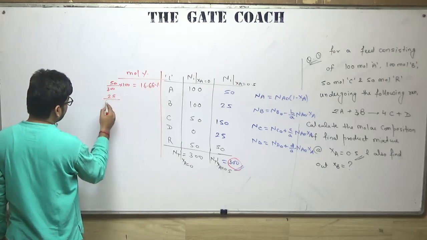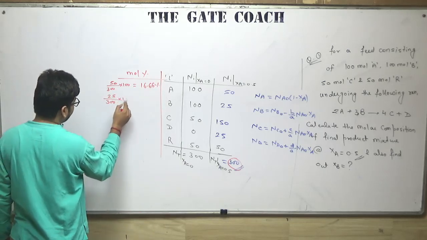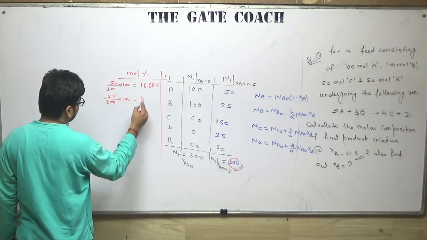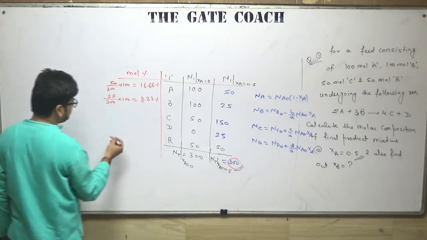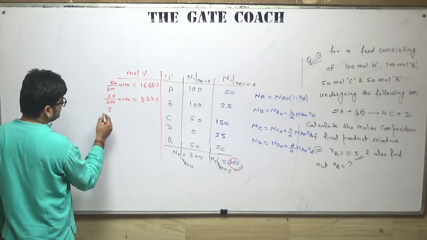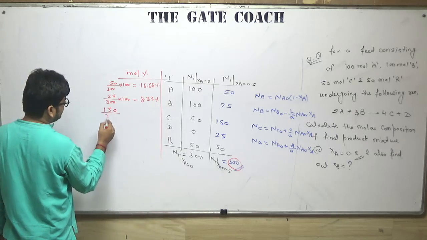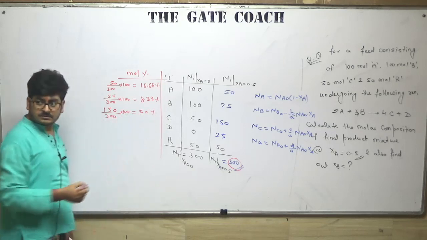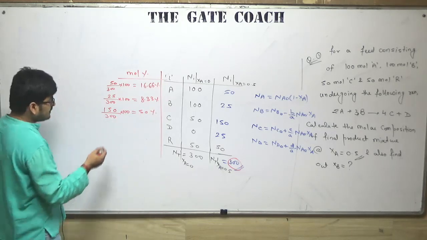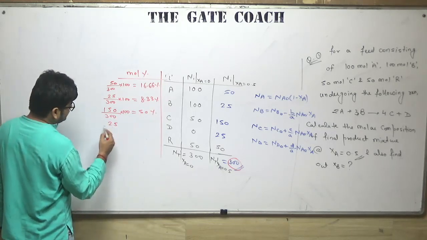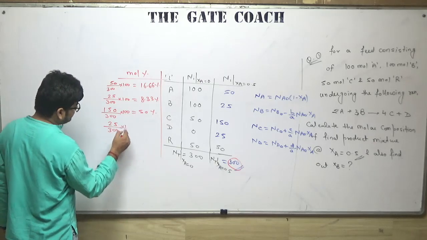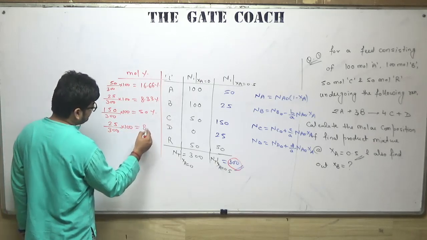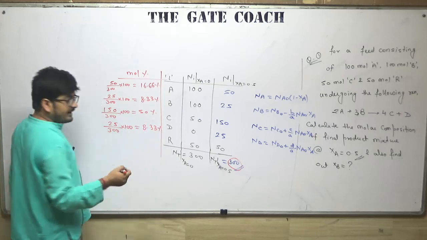Now it is 25 over 300 into 100, that is 8.33%. NC, 150 over 300 into 100, that is 50%. ND, 25 over 300 into 100, that is 8.33%. Correct me if I am wrong.